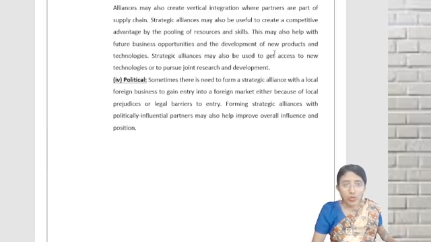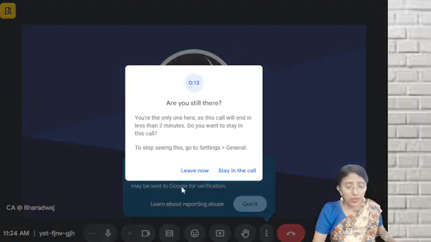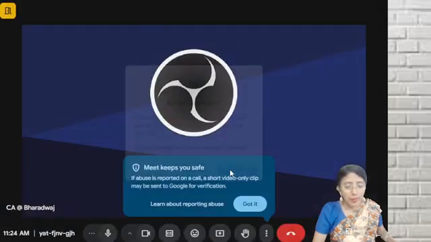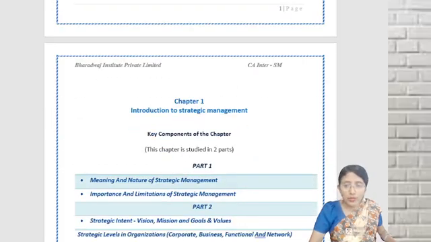Now we will go to the capsule. Take your 5th part.